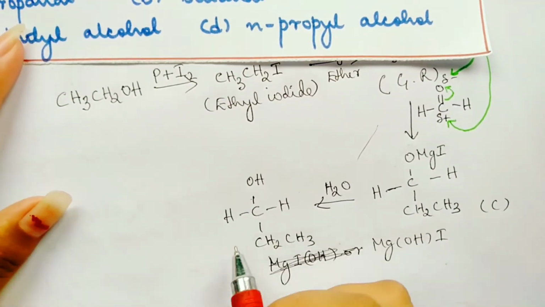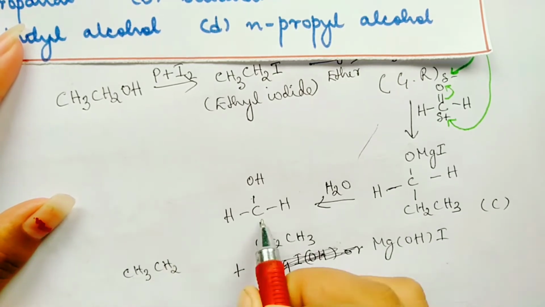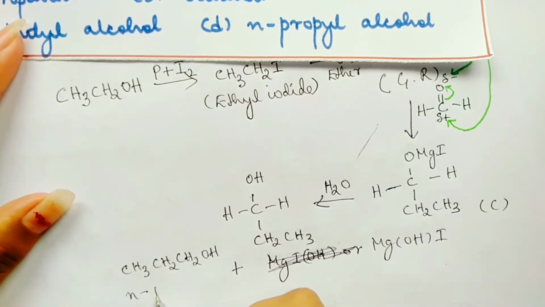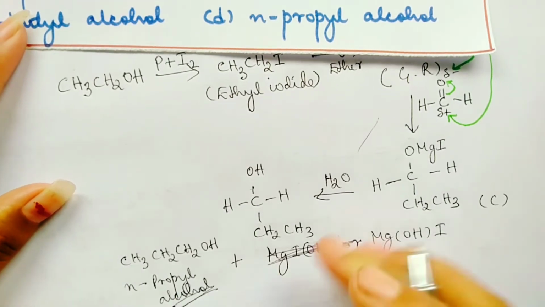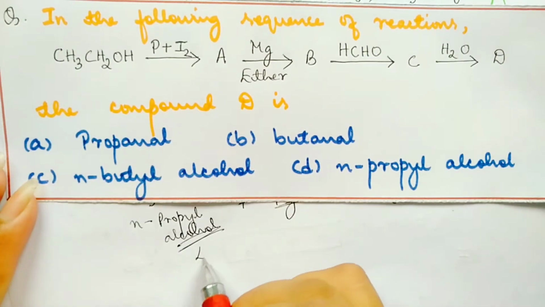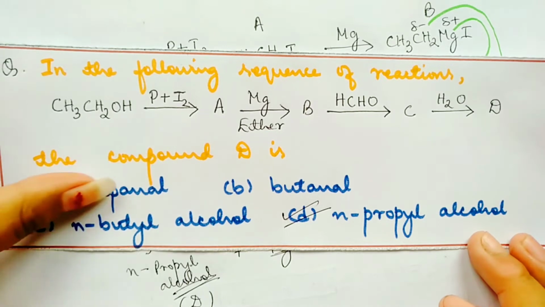What is this? CH3CH2CH2OH. This is n-propyl alcohol, right? So the correct answer, this is your compound D. Your compound D is n-propyl alcohol.